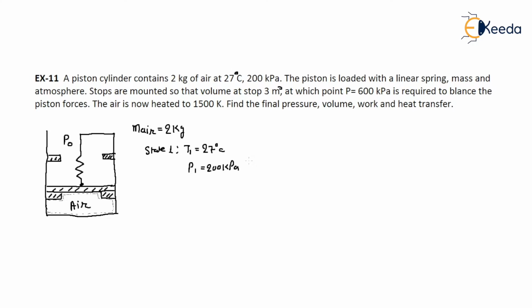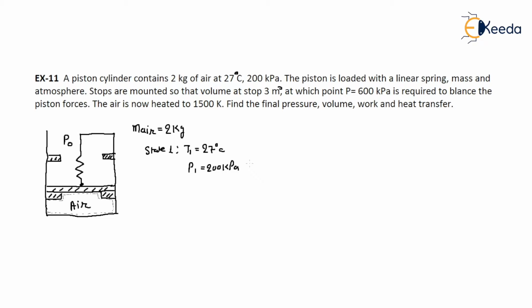And the piston is loaded with a linear spring, mass and atmosphere. Stops are mounted so that the volume at the stop is 3 meter cube, at which the pressure 600 kilopascal is required to balance the force.